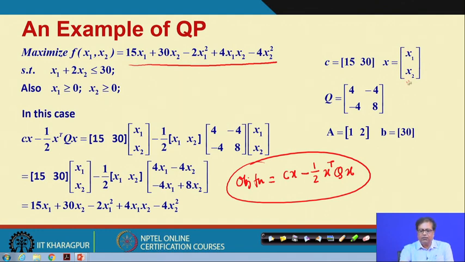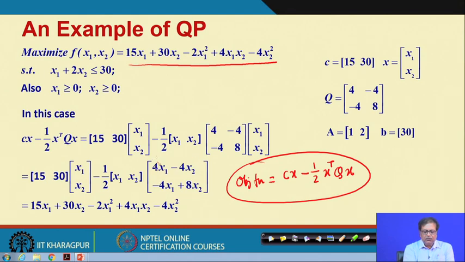See, this is a column vector, so we transpose it, then write the Q, [4 -4; -4 8], times x1 and x2. So, basically it is a kind of matrix multiplication. What would the matrix multiplication be? It should be [4 x1 minus 4 x2; minus 4 x1 plus 8 x2], and this will be [15 30] times [x1 x2], so 15 x1 plus 30 x2.